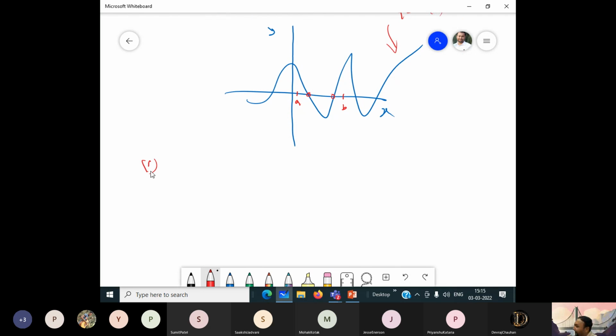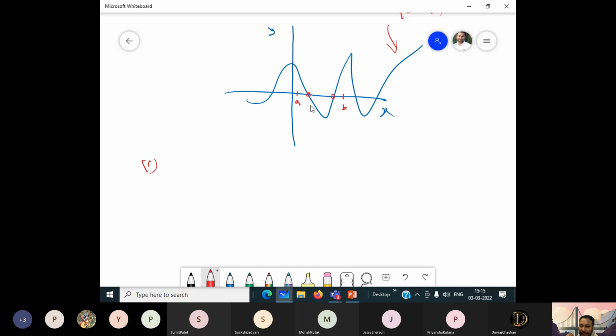This is the first question they ask in GATE, right? At what conditions can I say that in the interval A and B, there is at least one solution?